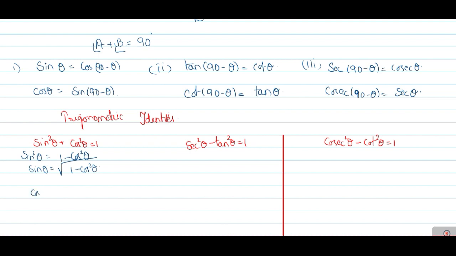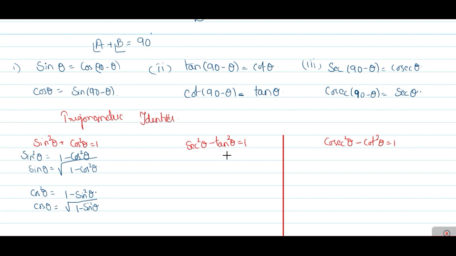So, cos square theta is equal to 1 minus sine square theta. If I transpose the square, cos theta is equal to the square root of 1 minus sine square theta. So, from this we can find the value of just sine theta and cos theta.